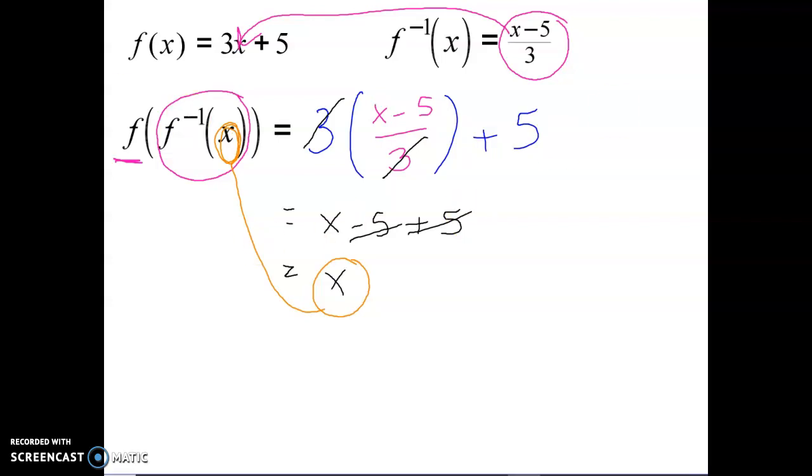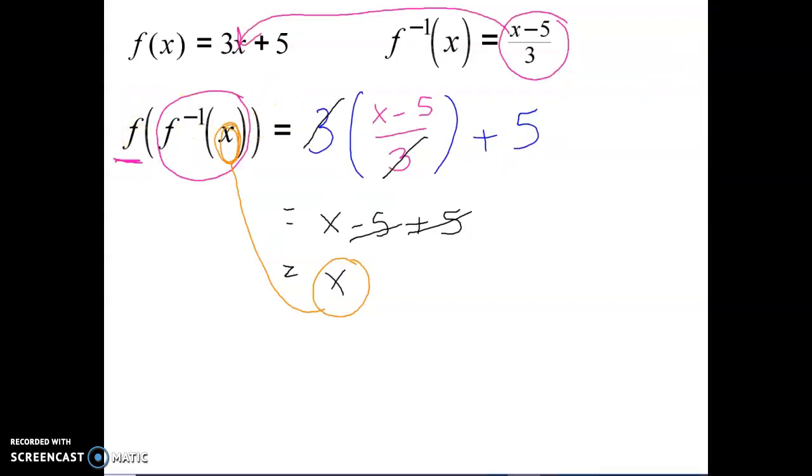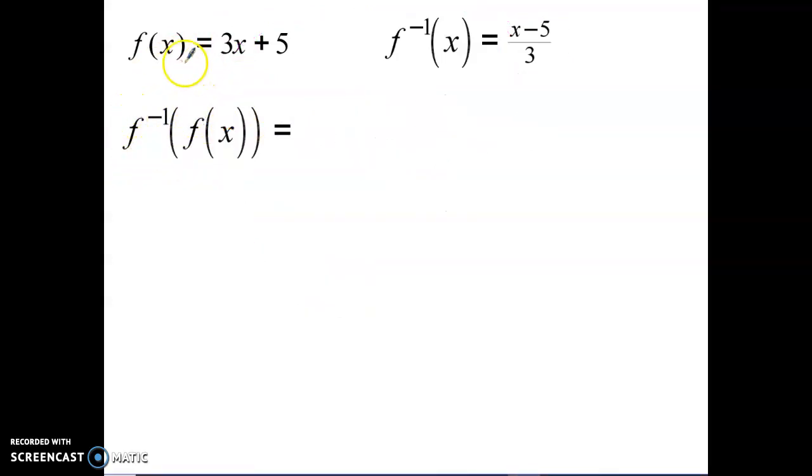All right, let's see if it makes a difference which order we do it. So look at how this changed. This one, do you see I have f inverse on the inside and I have f on the outside? Well, now I have f inverse on the outside and f on the inside. So what that means is I'm going to take that whole f of x and I'm going to substitute it in. So I'm going to take this 3x plus 5, what f of x is, and I'm going to put it here in place of x.